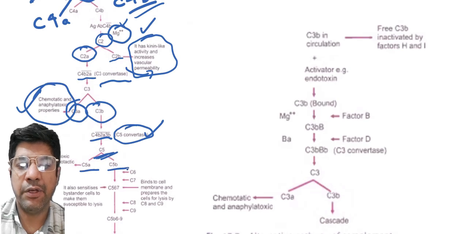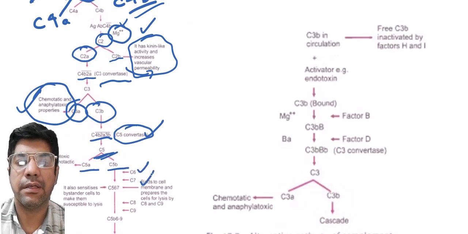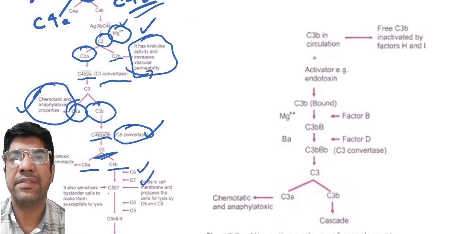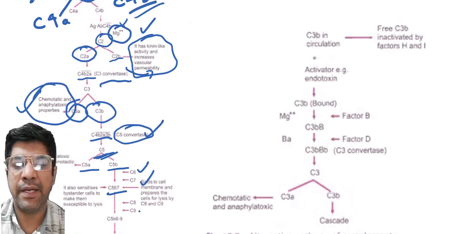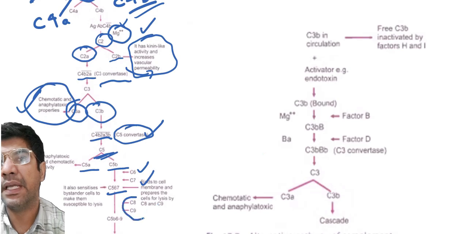The cascade continues with C6 and C7 joining together to form a complex, C567. Part of this complex binds to the cell membrane and prepares it for lysis by subsequent complement components, C8 and C9.